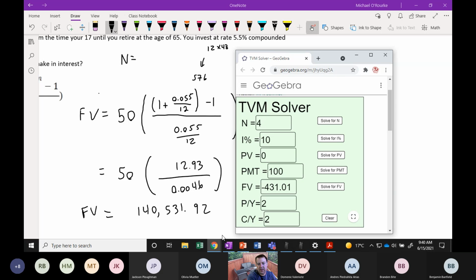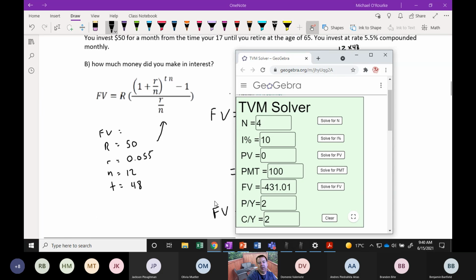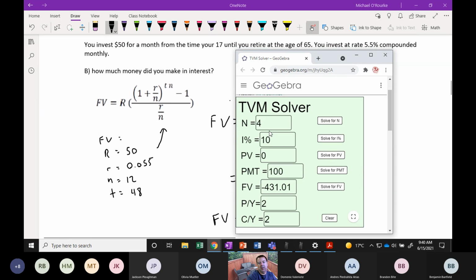If you're using the TVM solver, let's go through my items here. My N value is going to be that 576, 12 times 48. My interest rate here is 5.5. My present value is 0. I'm doing 5, and then I'm paying 12 times a year, and it's compounding 12 times a year.